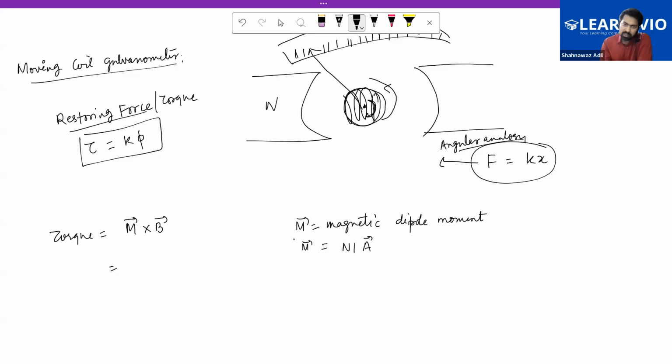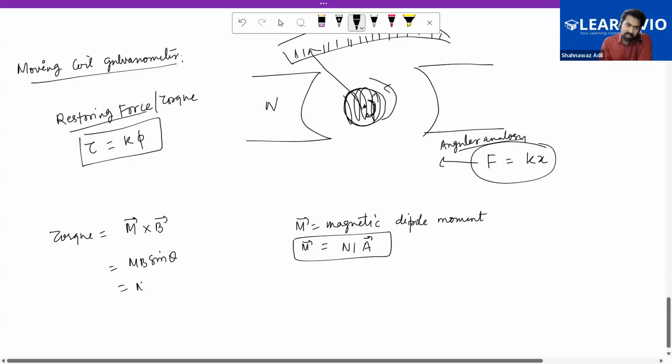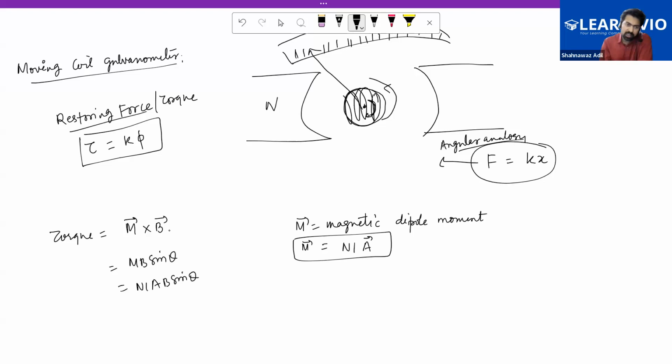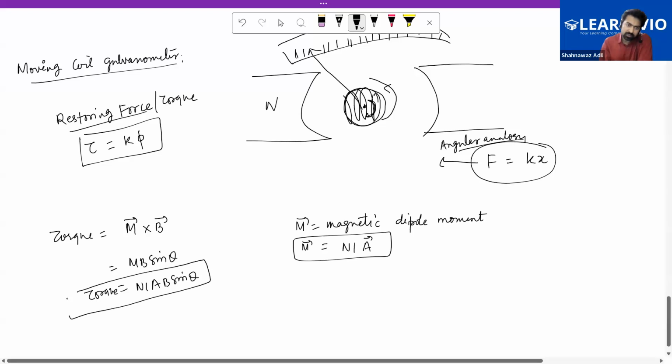So the torque is M B sine theta, that is N i A B sine theta. And if the angle between them is 90 degrees, this torque is simply NIAB. So this is the torque in a magnetic field.